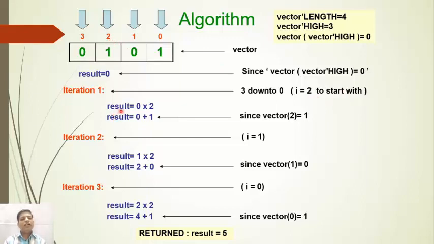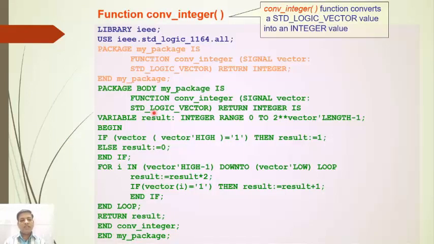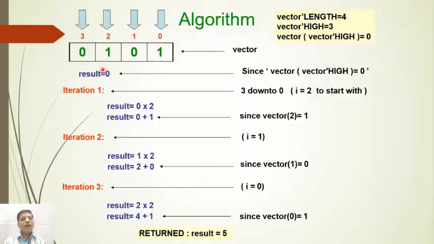So here result is equal to 0 into 2. From where does this 2 come? In the function we have already written result is equal to result into 2. Earlier our result is equal to 0, so in the first iteration we take result is equal to 0 into 2, which gives 0.